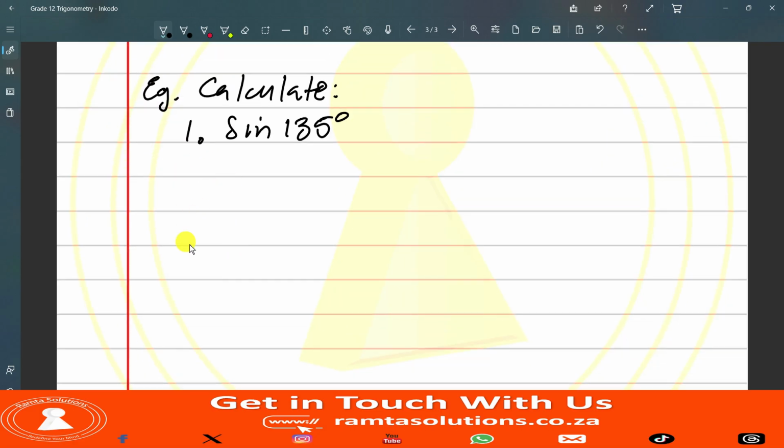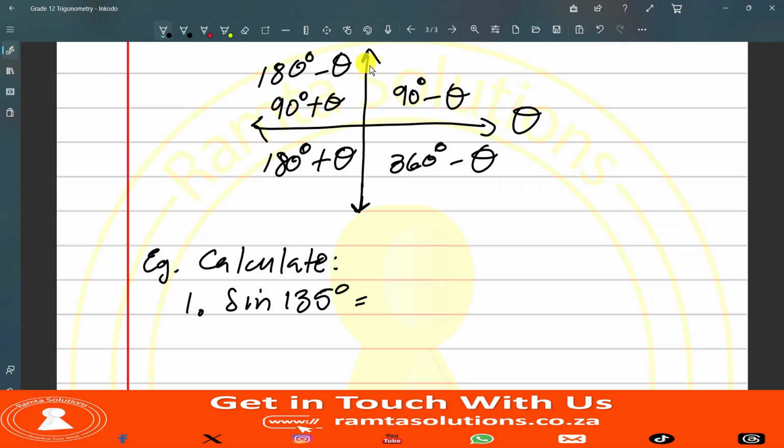And then tan 225, and thirdly cos 210. So for sine 135, the question you should ask yourself is this: where is it?